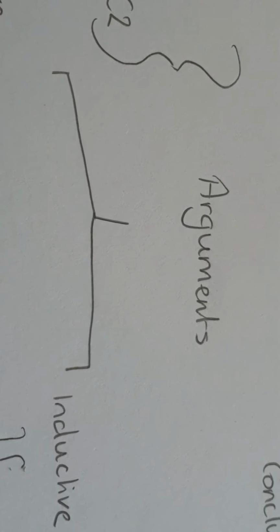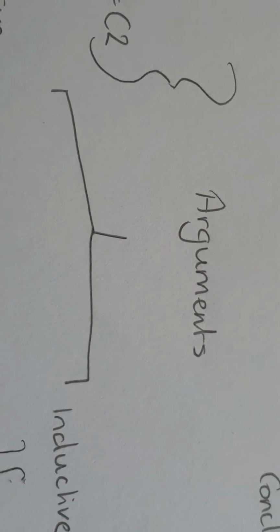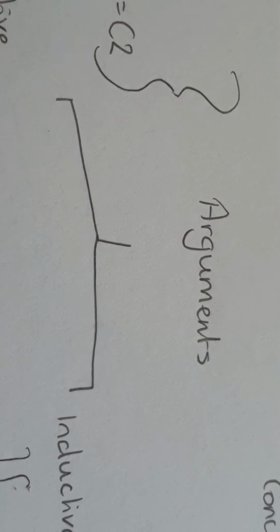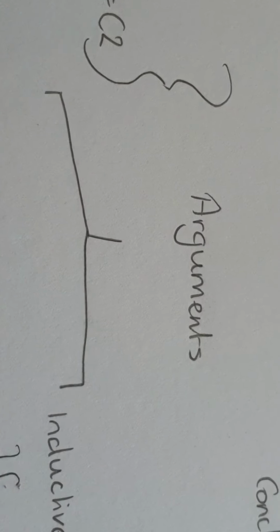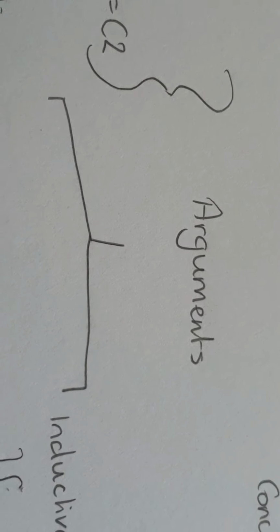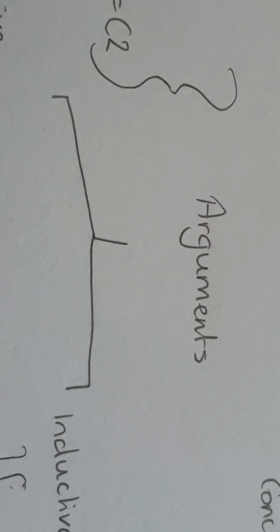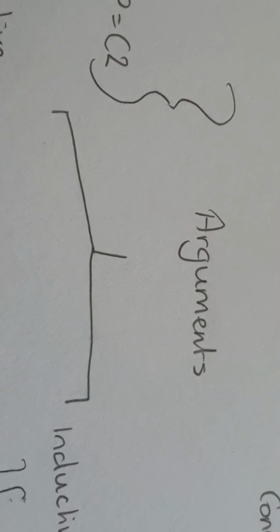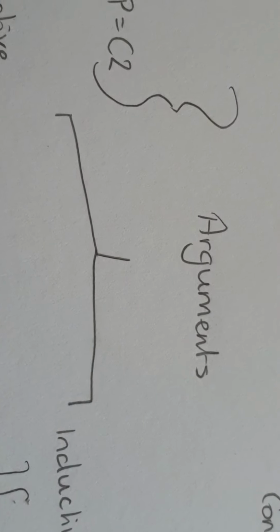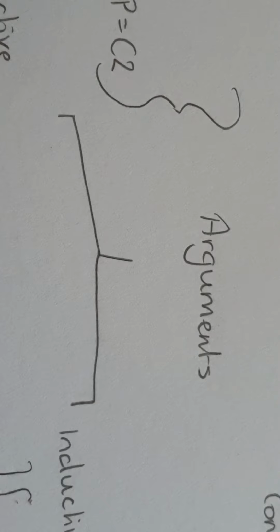So if we have our sequence of premises and/or conclusions which make our argument up, we can put those into a variety of different formats, and there are two main categories that we would put arguments in.